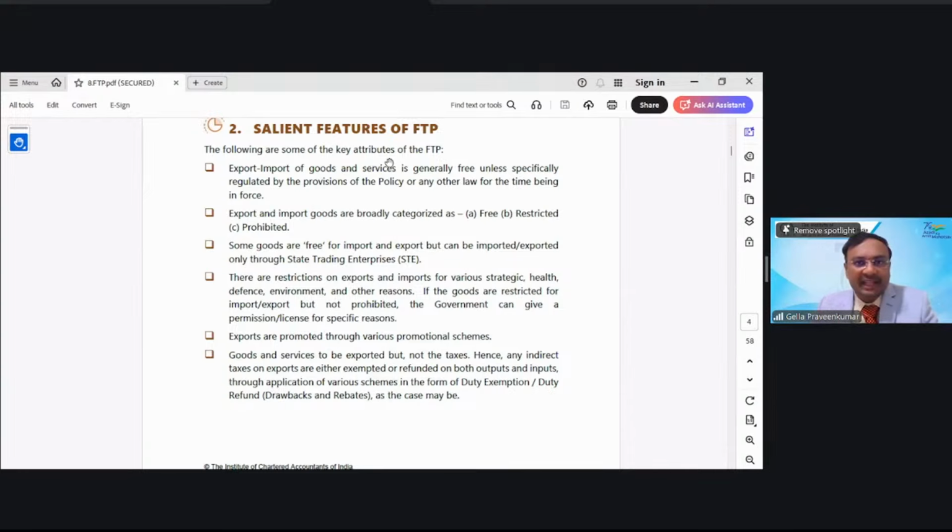The following are some of the key attributes of foreign trade policy.